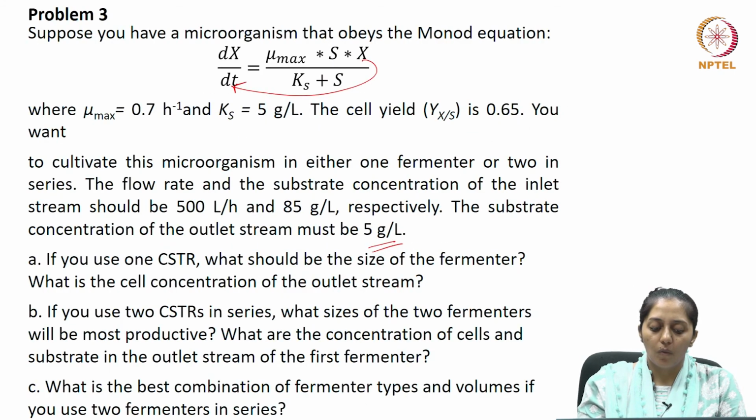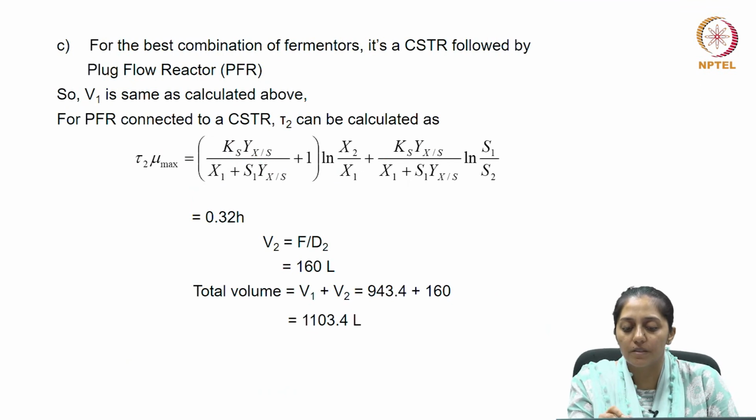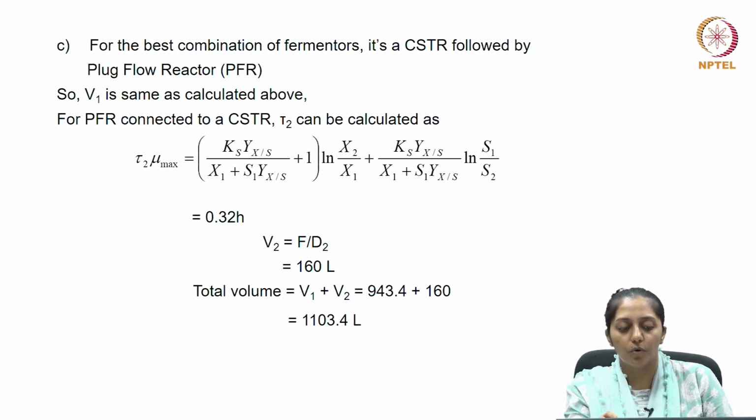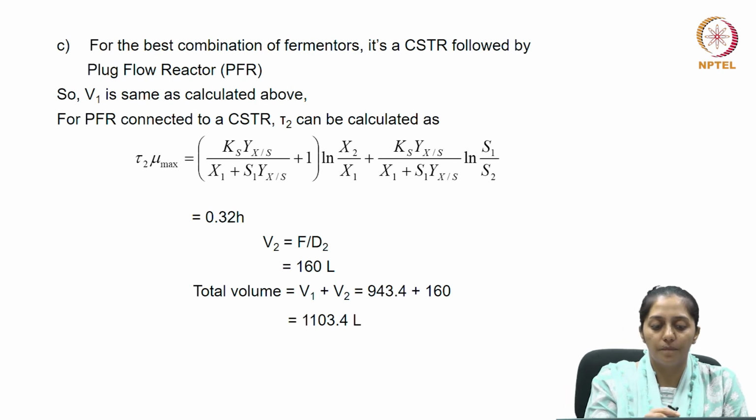Third part, what is the best combination of fermenter types and volumes if you use two fermenters in series? Now for the best combination, it's a CSTR which should be followed by a PFR, that we know.